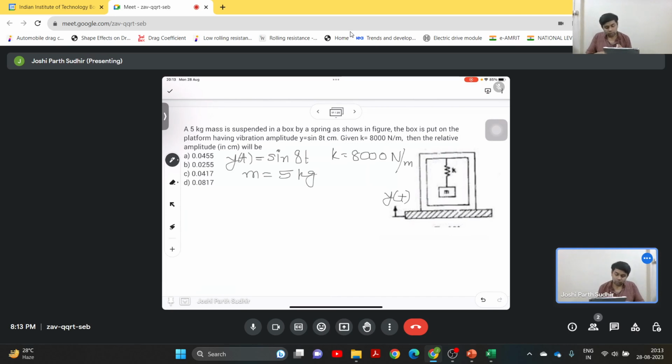Because this box is rigidly attached to the structure, we can say that the vibration of the topmost point of the spring is also y of t, and let us call the displacement of the mass x of t. So let us draw the free body diagram for this system.